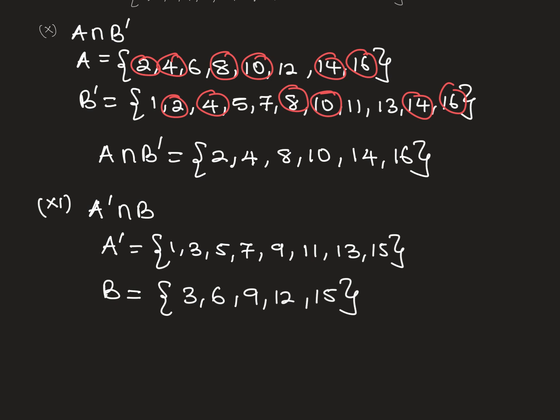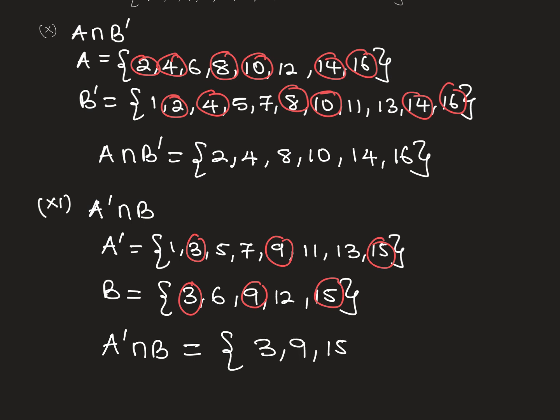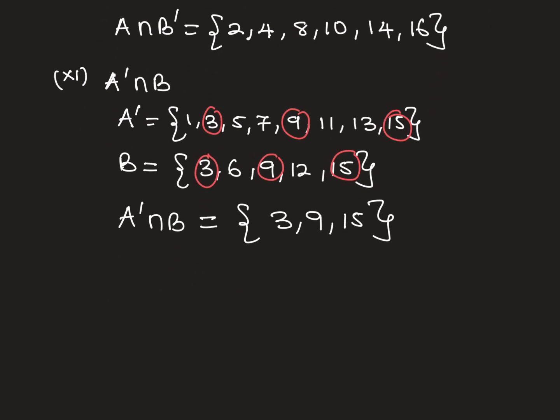Do we have that? Let's try to identify them. We have 3, we have 9, and we have 15. So therefore, A complement intersection B is 3, 9, and 15.